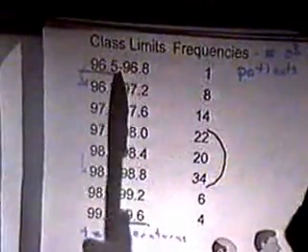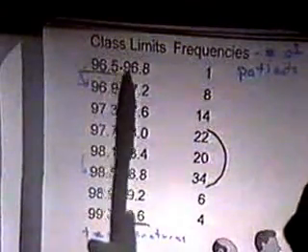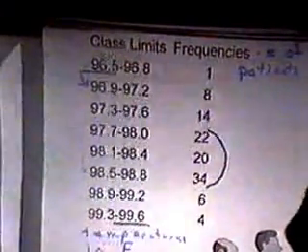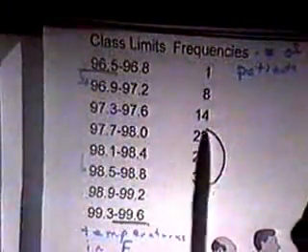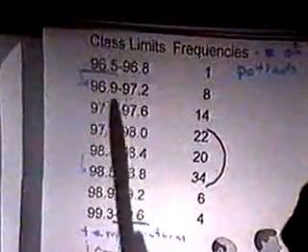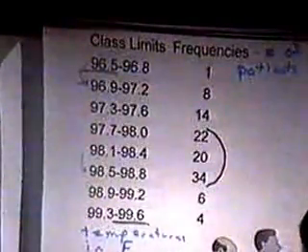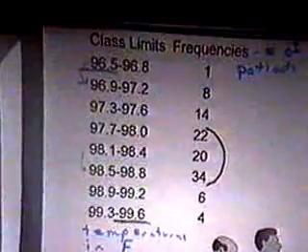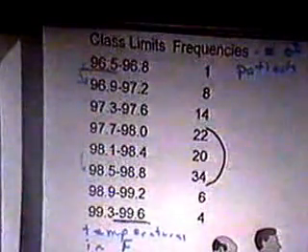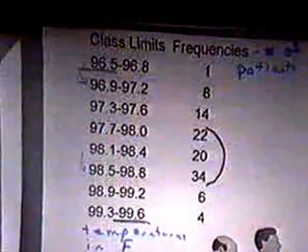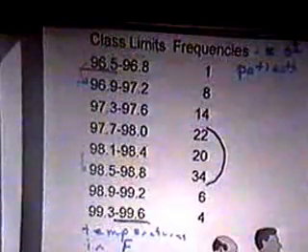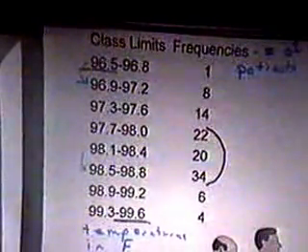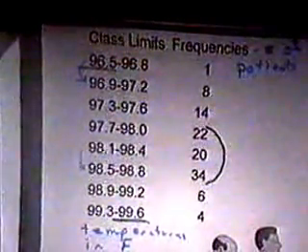You don't know if that number was a 96.7 or a 96.8. You lose the exact numbers. You know these 8 numbers were in between here, but you don't know what they were. So you do lose some exactness, but it does make it so much easier to read and tell what's going on that we use them a lot, even at the risk of losing the exact numbers.